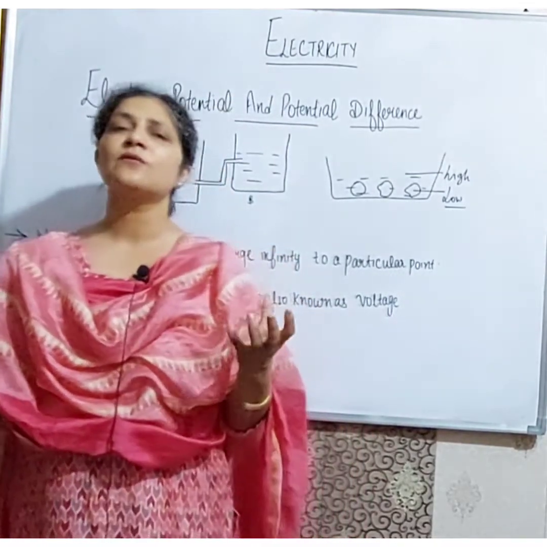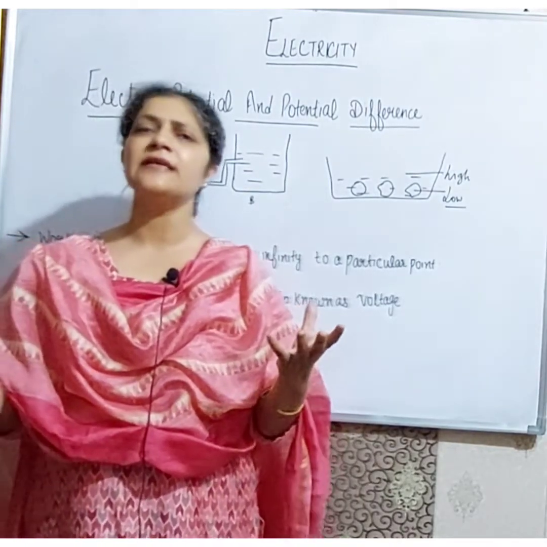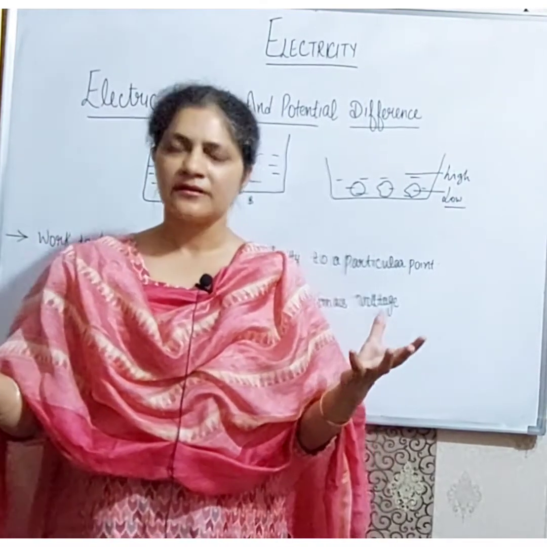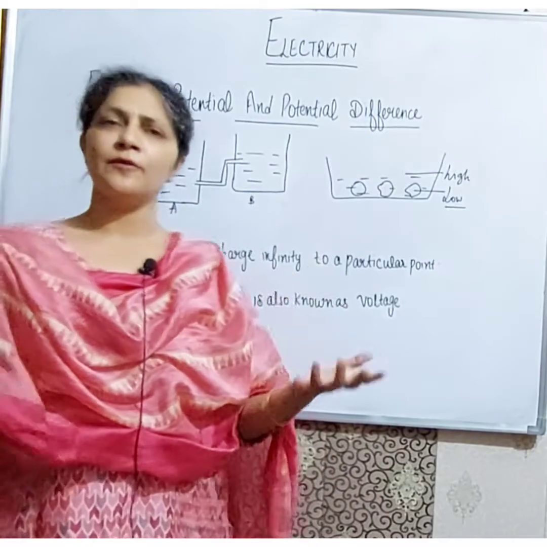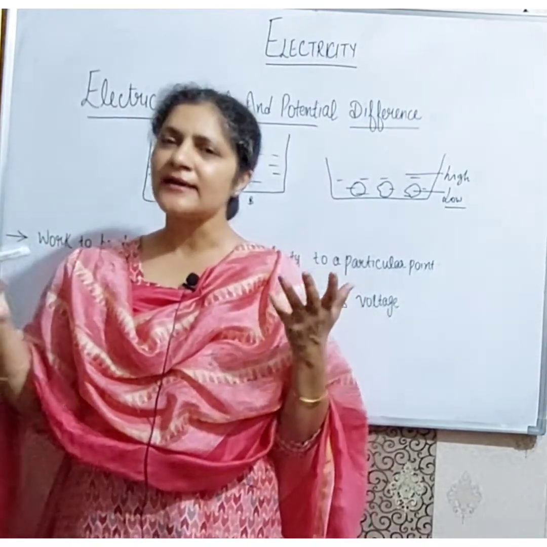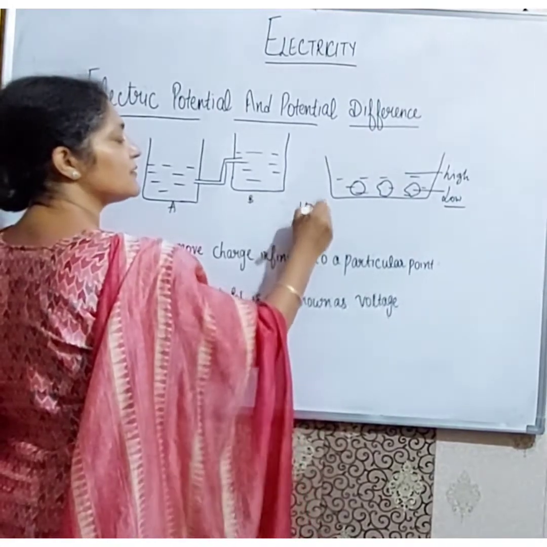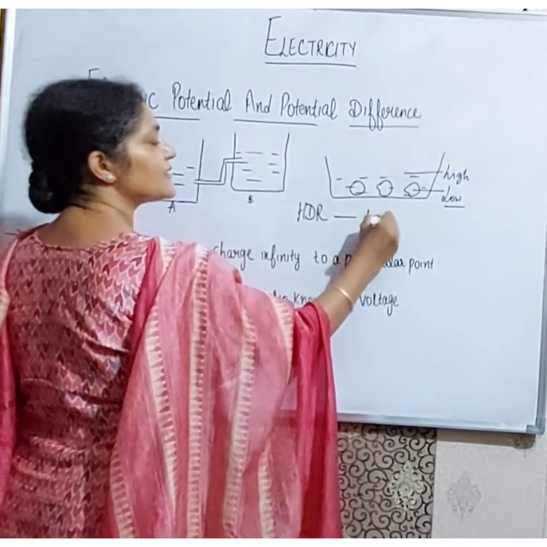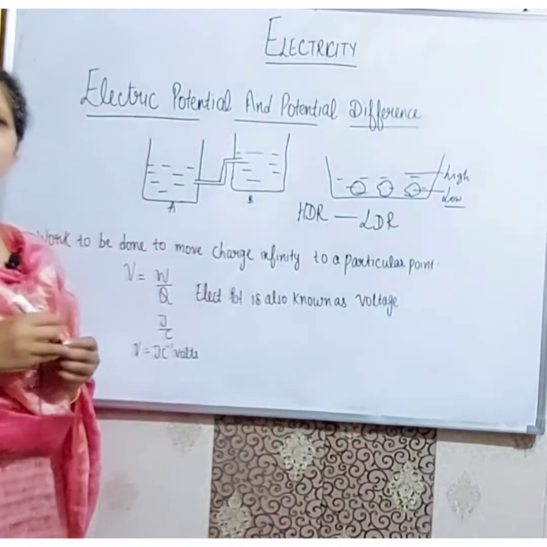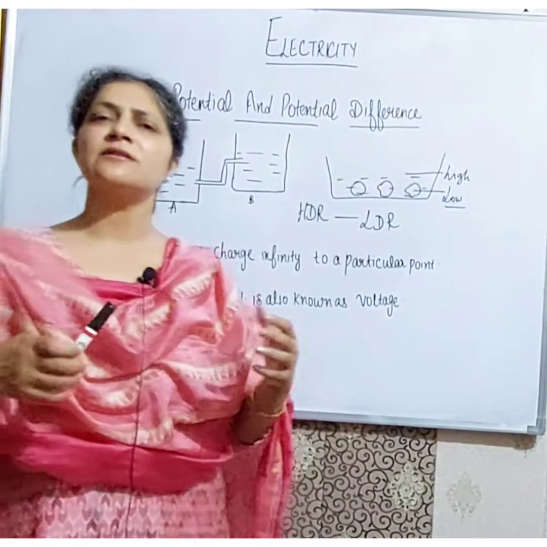So students, we know that electricity is a flow of charges, right? Electric current is a flow of charges. So charges will also flow from the higher density region to the low density region, right students? Because the charges also flow.